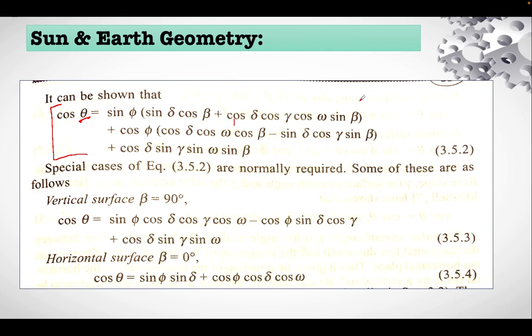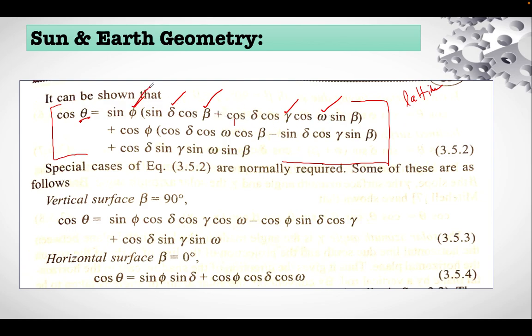So we use this formula to calculate the incident angle, if we know the latitude phi, delta the declination, beta the slope of the surface, gamma the azimuth angle, omega the hour angle, and all other angles are known.